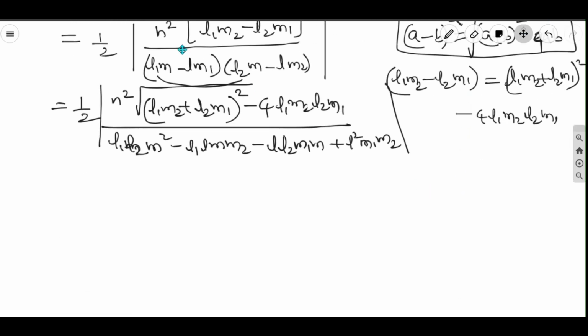That is by the distribution of the product of these two factors, we get the four terms.